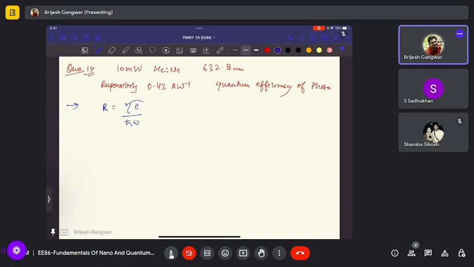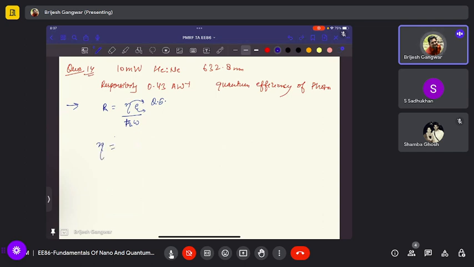Here eta is quantum efficiency, e is electron charge, and h cross omega is the energy of photon. So we calculate the energy of photon, and we have to calculate this eta, right?